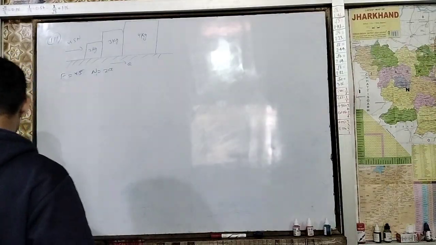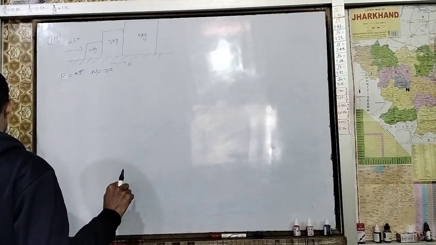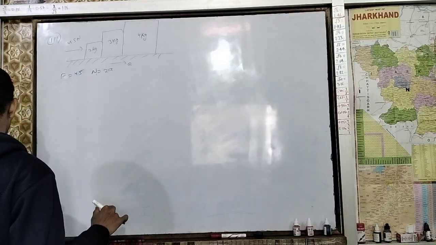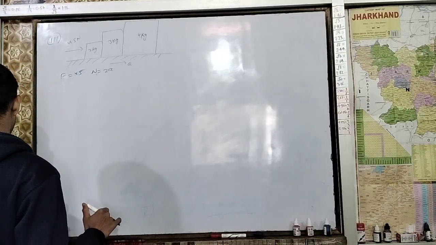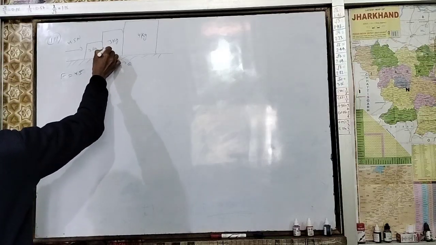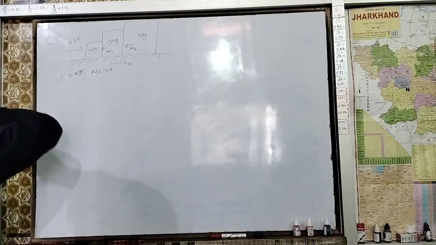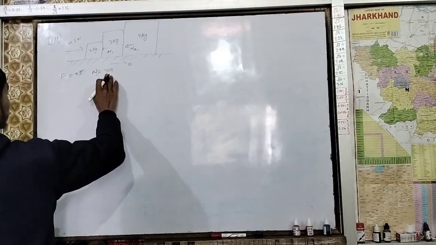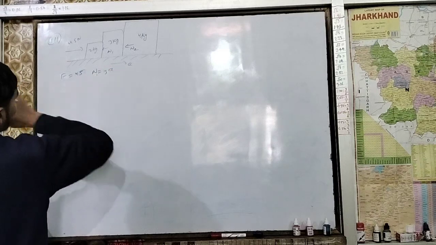Yeah, N1 will be 2a. This N1 and N2, clear? So I think here it should be 3, it should be 3.